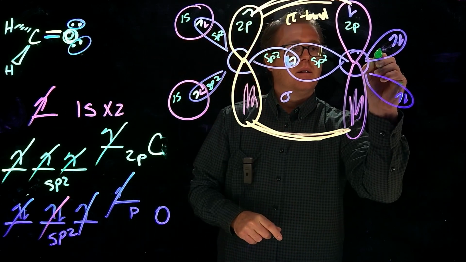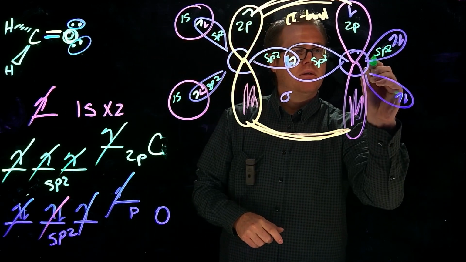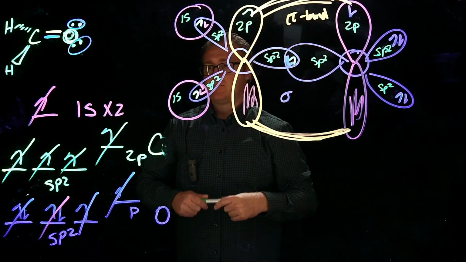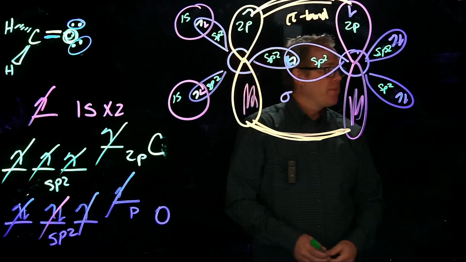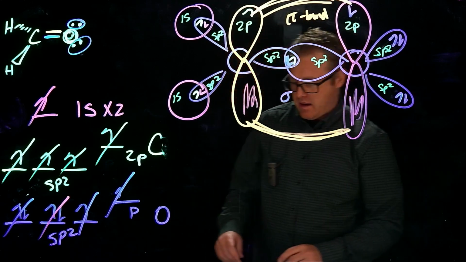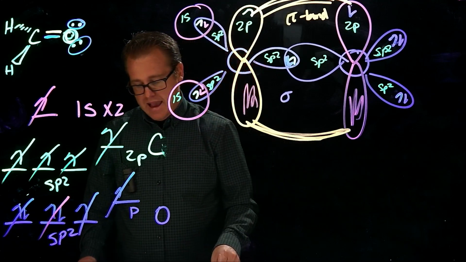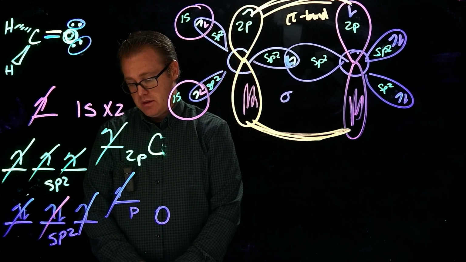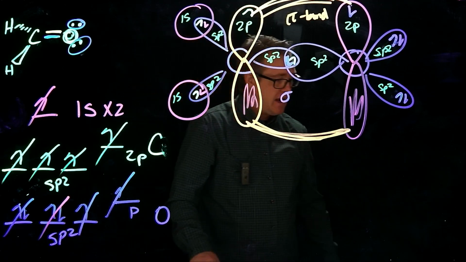Right there. And those are sp2 hybridized orbitals. Pretty slick. So I have one more that I want to go over, and that is with the sp hybridized orbitals, or sp hybridized carbons.